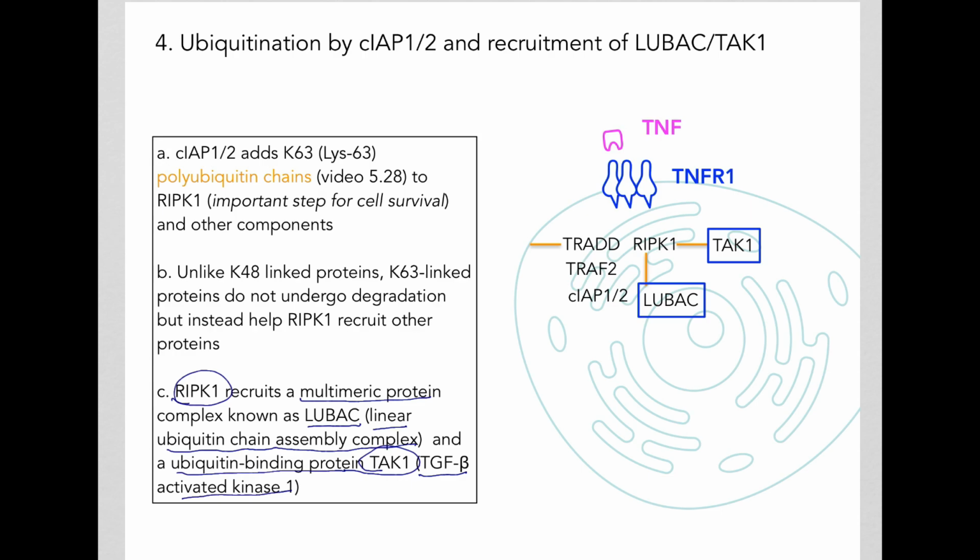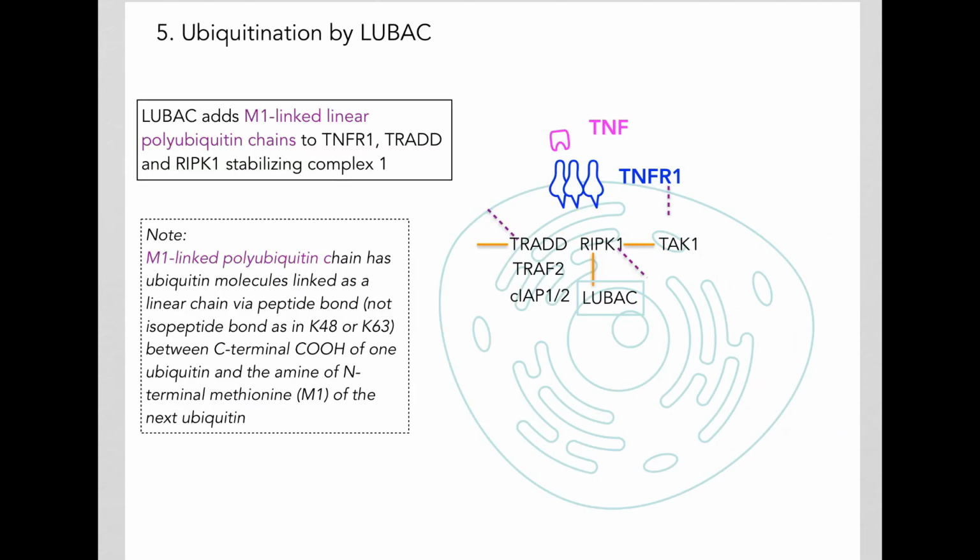So now we have LUBAC recruited by RIPK1 as well as TAK1. Now LUBAC adds M1-linked linear polyubiquitin chains to various proteins such as TNFR1, TRADD, as well as RIPK1. And this addition of M1-linked chains stabilizes complex 1. So now we have a very stable complex 1.